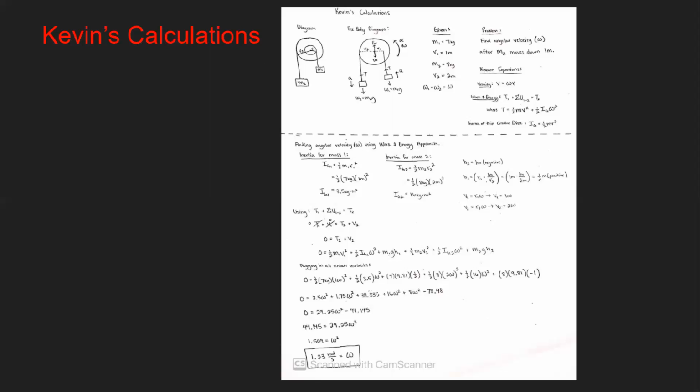So we have the kinetic energy of mass 1, which involves the velocity and the angular velocity, and potential energy m1 g h1, as well as the energy for mass 2. So plugging in all our known variables, we saw that the only missing variable was w. And once we solved for w, it was a positive 1.23 radians per second, which makes sense because this pulley is rotating clockwise.